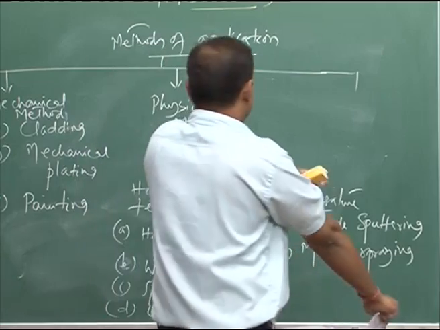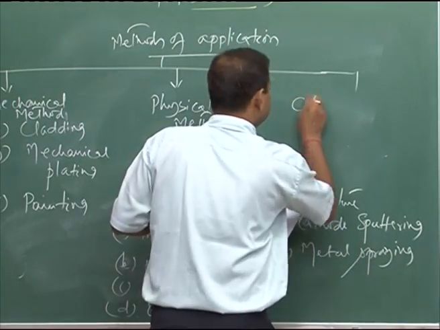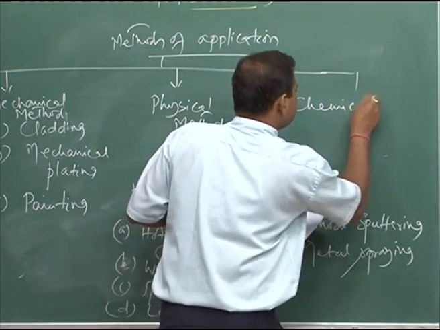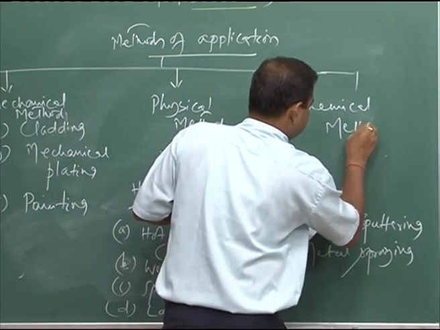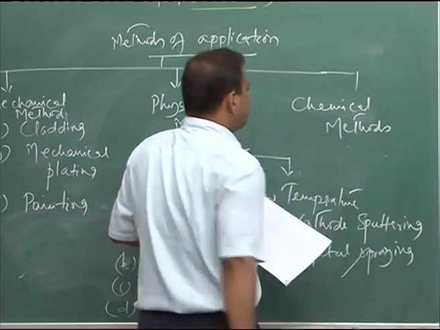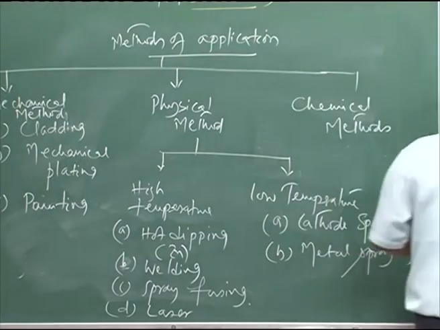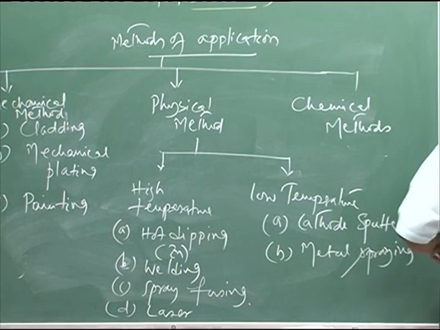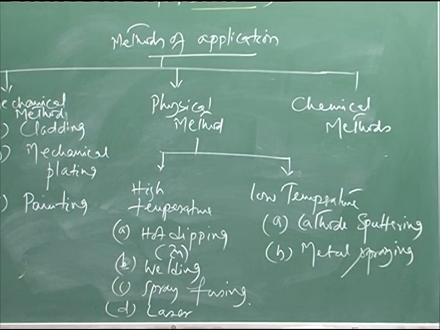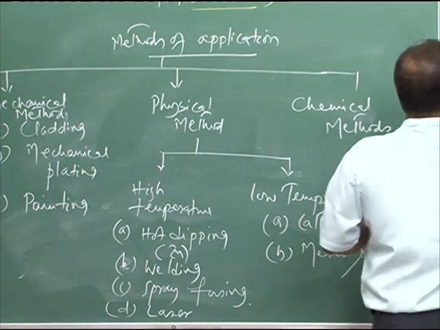Then finally, we have one more method, which is chemical methods. In the case of chemical methods, we have different varieties.